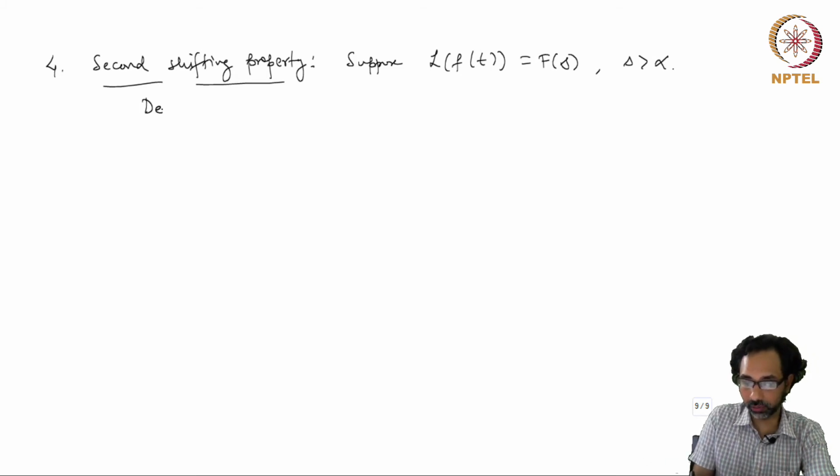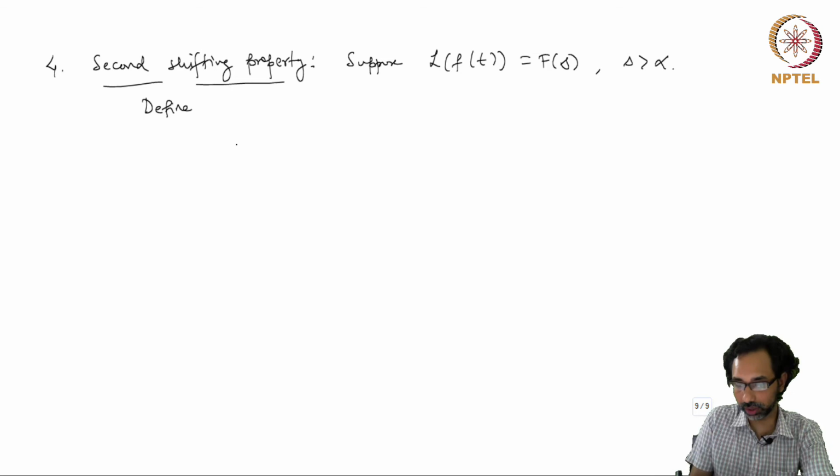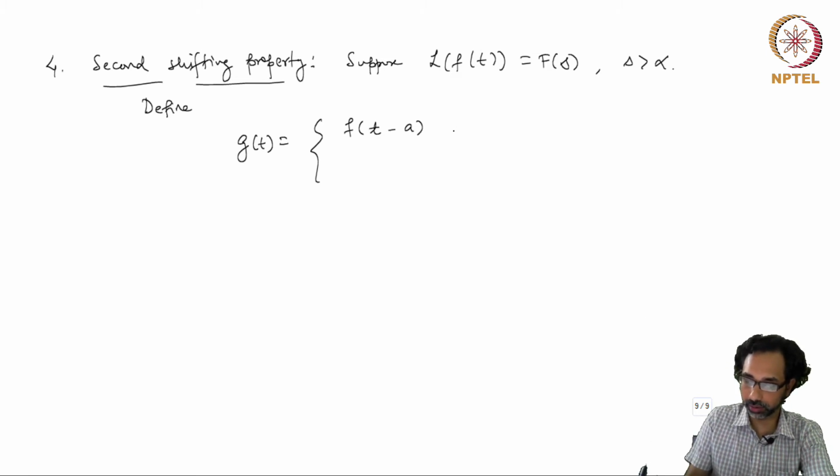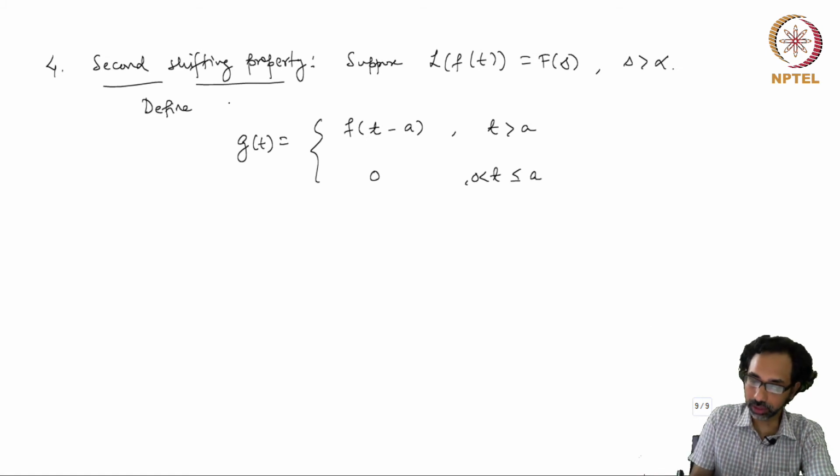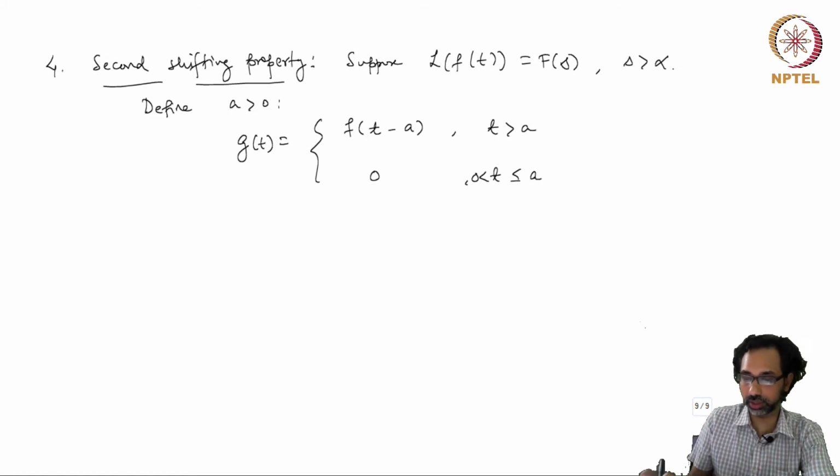Now define a new function g(t) to be f(t minus a) for t greater than a and 0 for t between 0 and a. So a here is a positive constant.